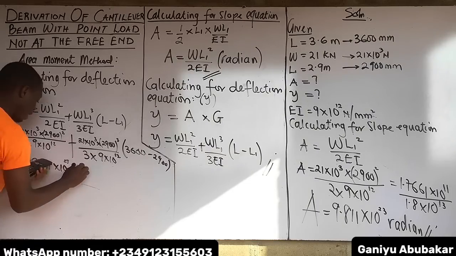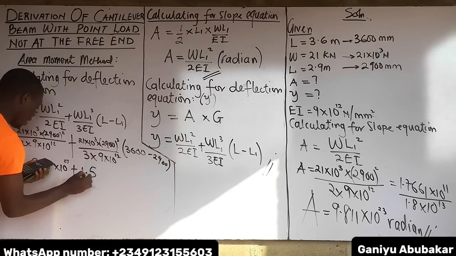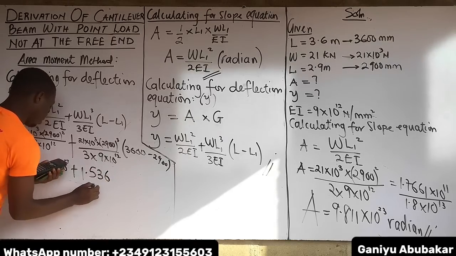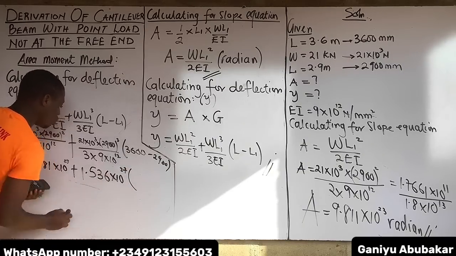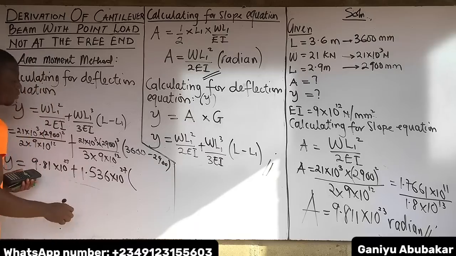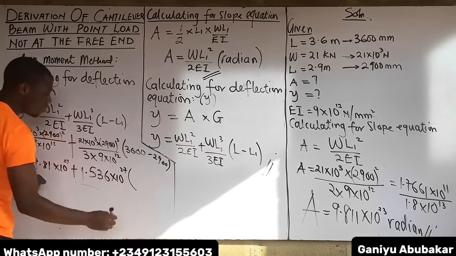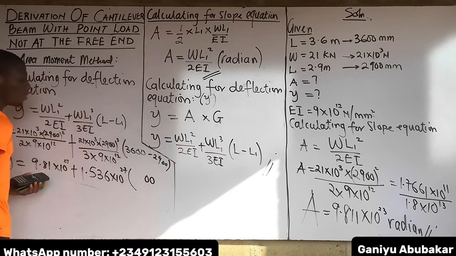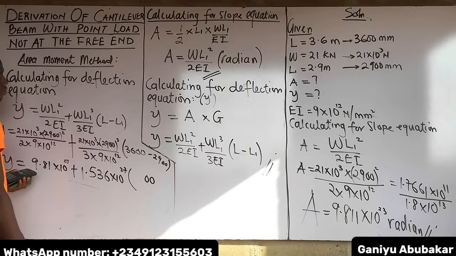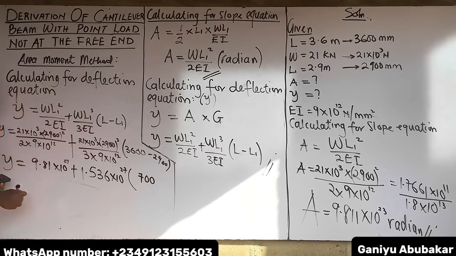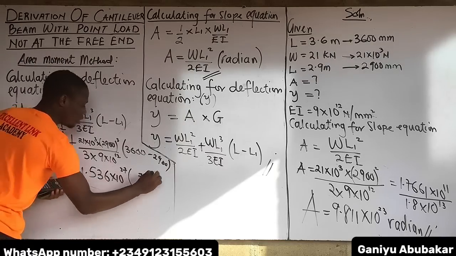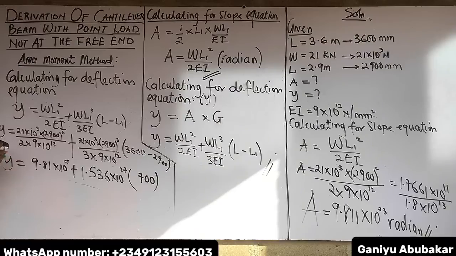For this one here, I have 1.536 times 10 to the power 27 into, simplifying this, 3600 minus 2900, that's 700.